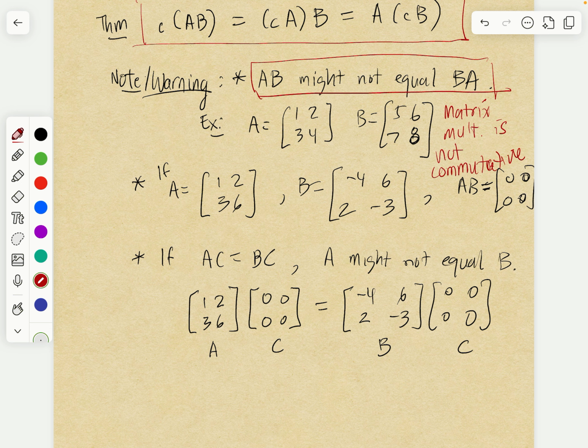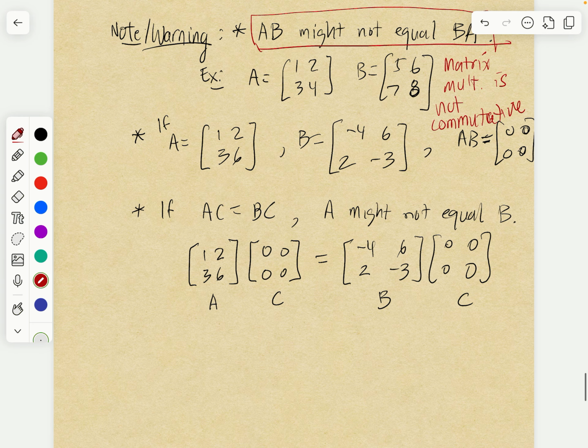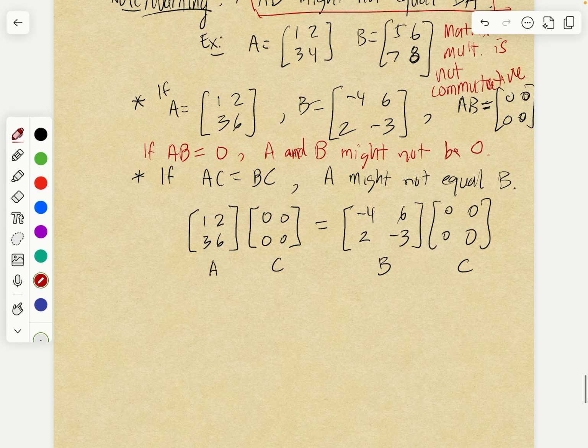Sometimes A times B is equal to B times A, but A times B isn't always equal to B times A. And the second one is that if AB is equal to the zero matrix, A and B might not be the zero matrix. So that's kind of unusual.